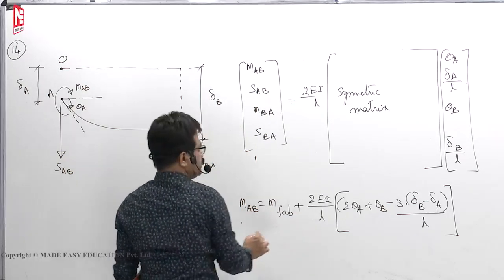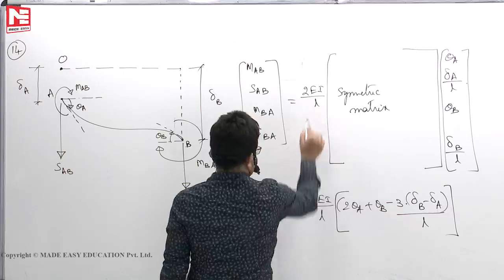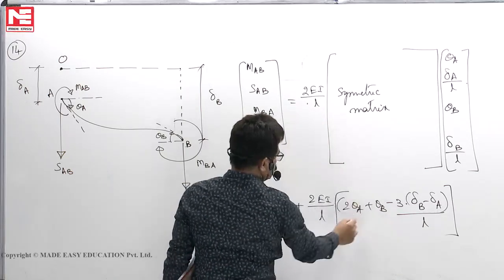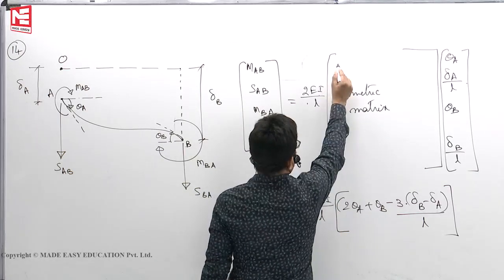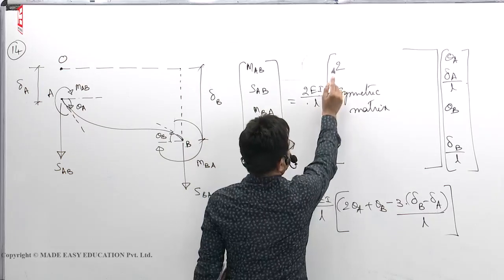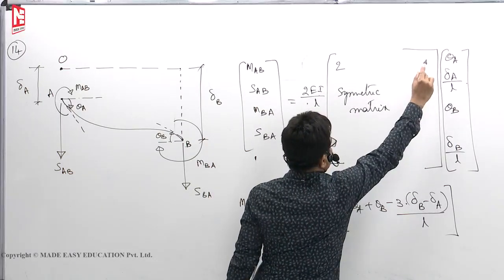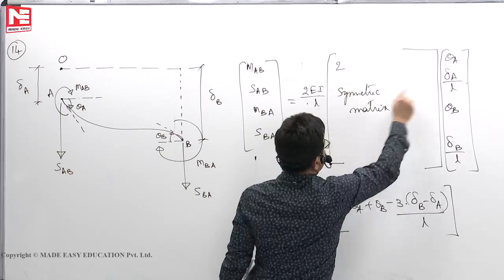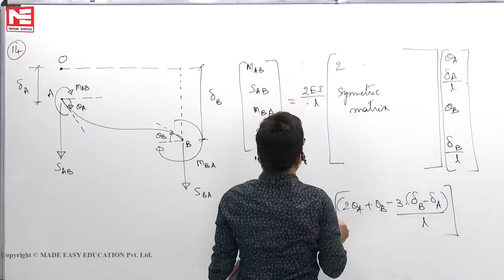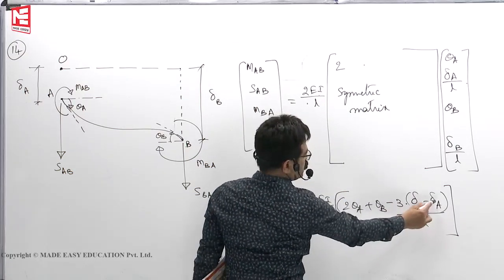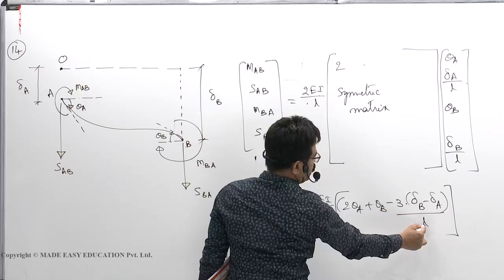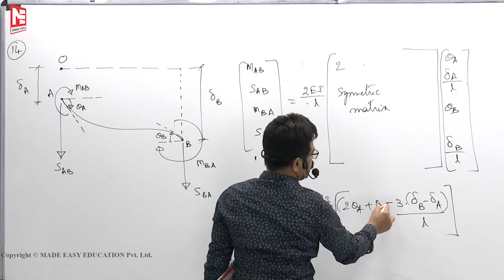MFAB. First we will take this one. 2EI by L common factor is given. So 2EI by L into 2 theta A. 2 into theta A. Next, delta A by L. So delta A by L is already given. So plus is there.